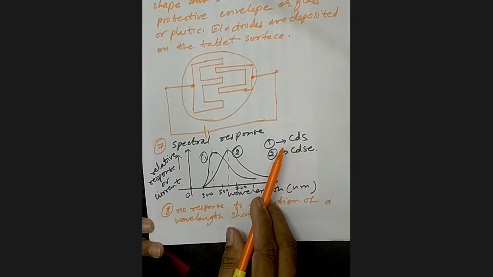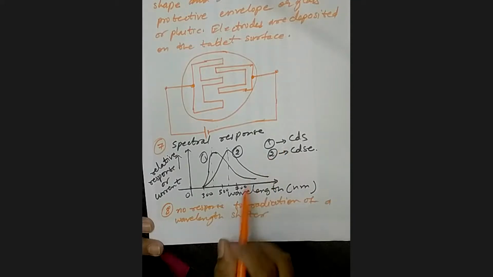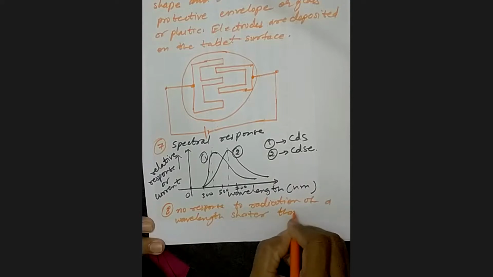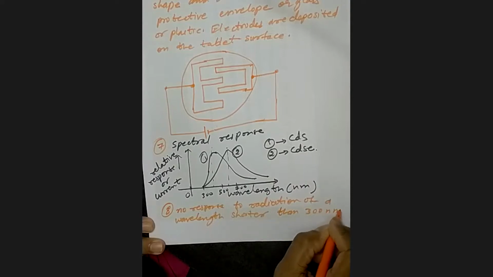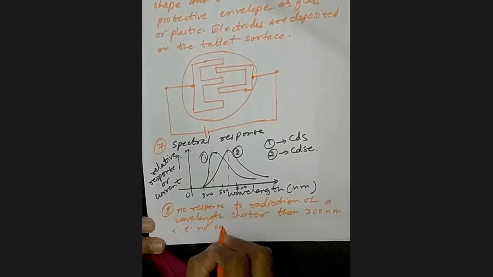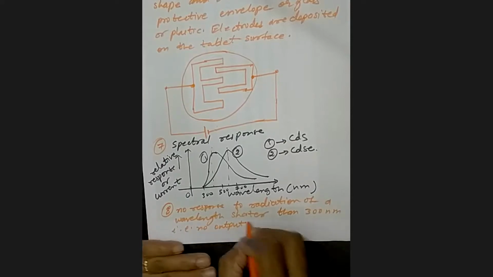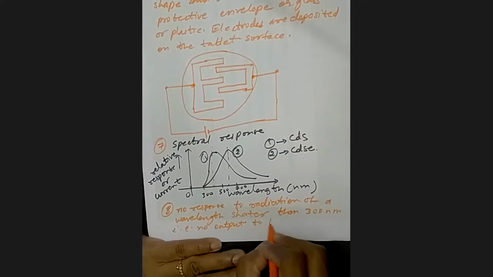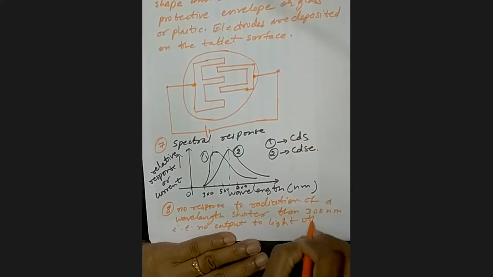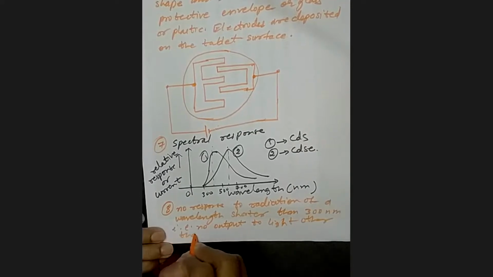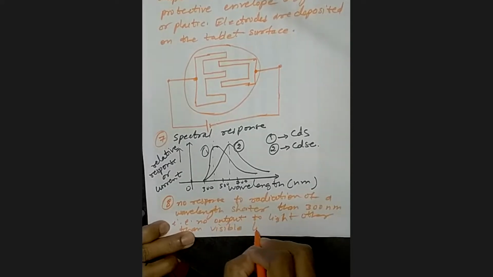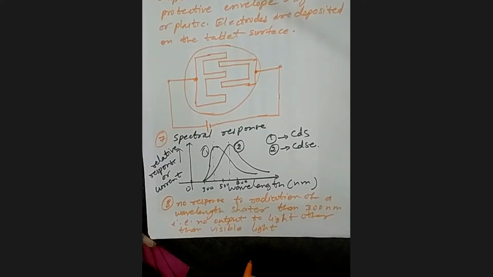There will be no output at this photoconductive cell. So there will be no response other than the visible light.